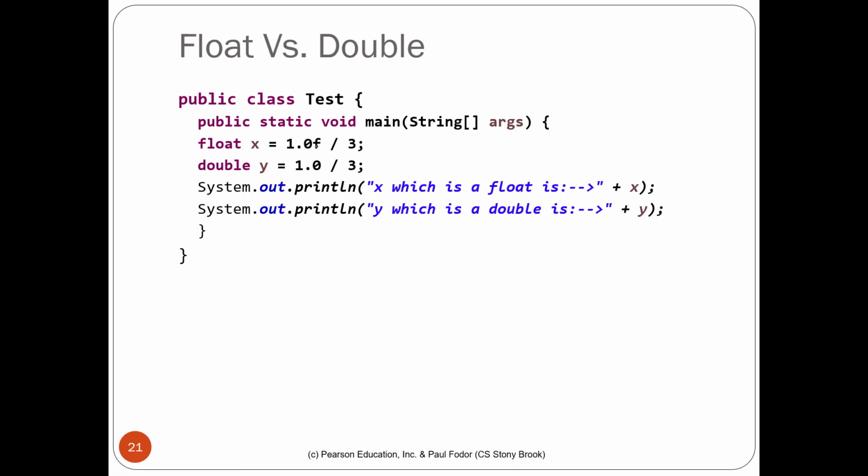Well, the reason is that if you just say 1.0, then by default 1.0 is treated as double. I want this value to come out as float, so I am saying 1.0f. So if I say 1.0f, then it would be represented as float. Otherwise, if you leave f out, then it will assume that it is a double.